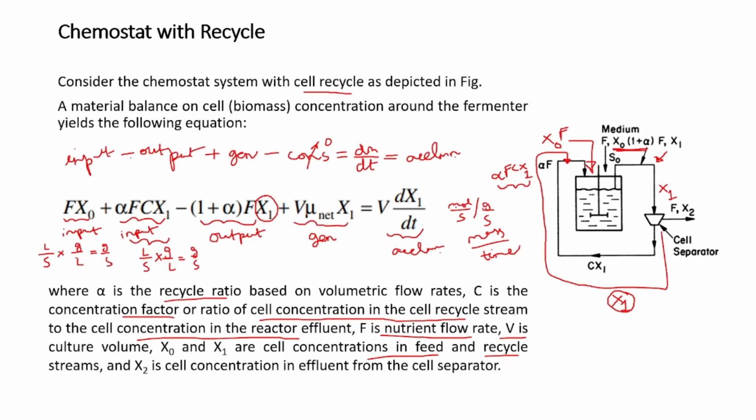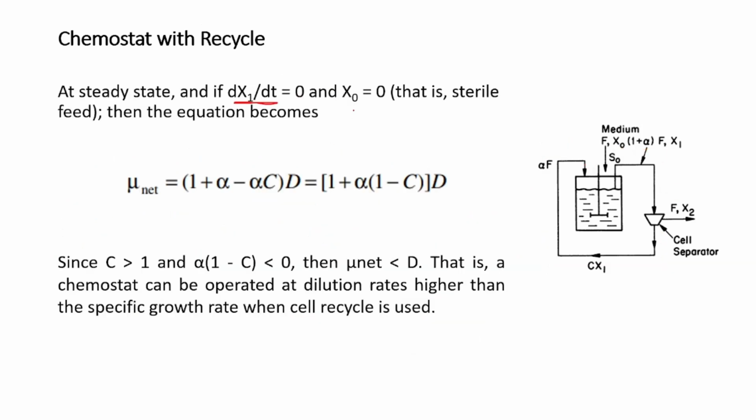Another important assumption is x0 equal to 0. So it is a sterile feed: the feed that is coming contains no initial concentration of microbial cells. These are two very important assumptions that we take: one is the steady state assumption and the other is the sterile feed.